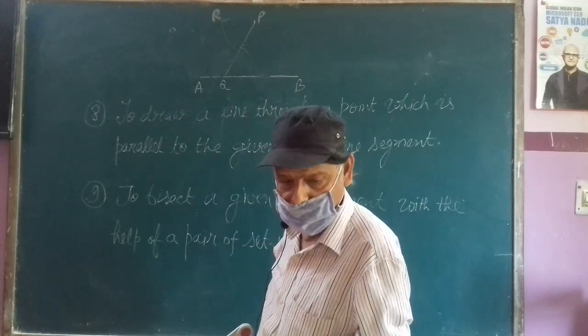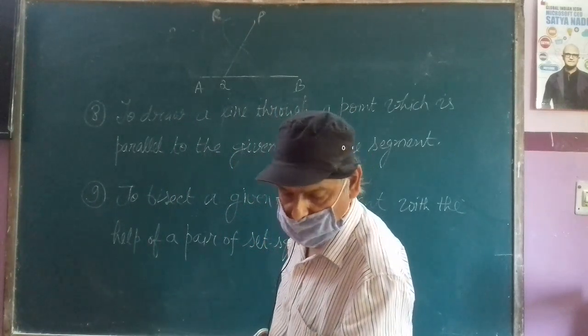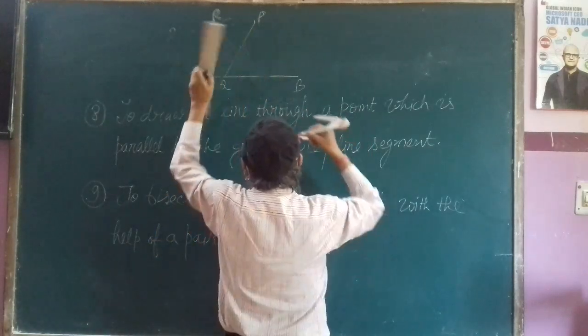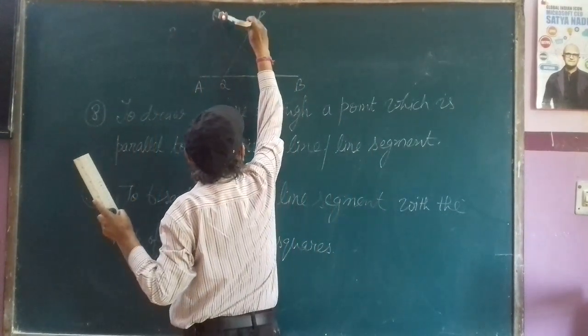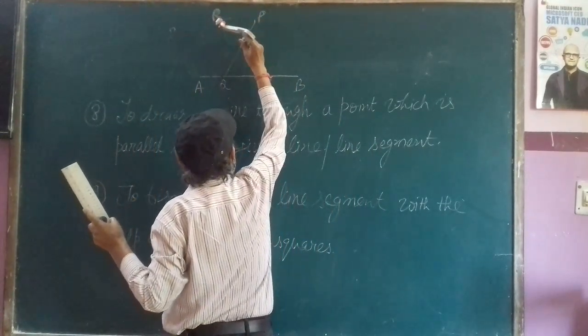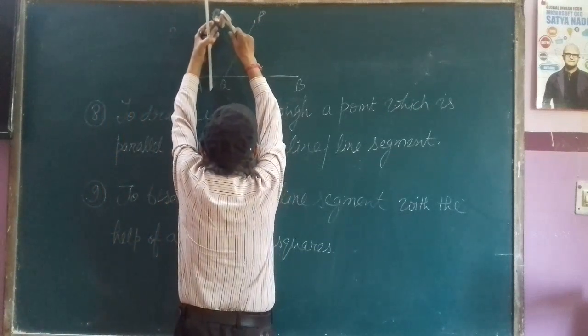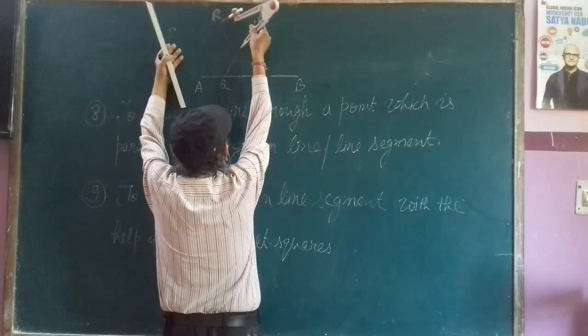It is okay. Join R and P, you will get a straight line. This is your gap cutting. I think it is now visible to you.